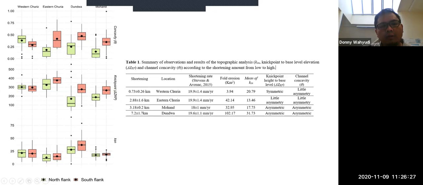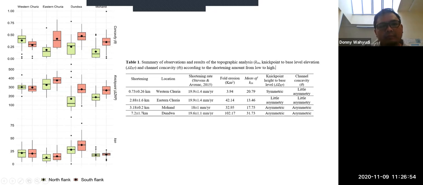When it goes to Eastern Churia, it starts to shift slightly to the south flank. So the south flank has a higher nick point elevation to the base level. And in Dundwa and the Mohan range, it is clearly showing a strong asymmetry in nick point elevation to the base level.